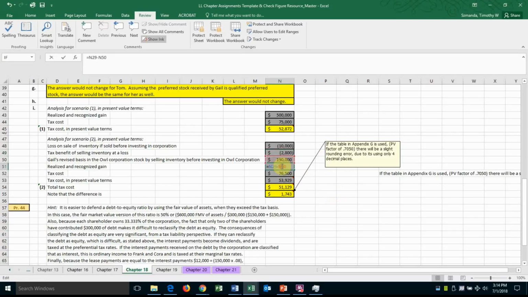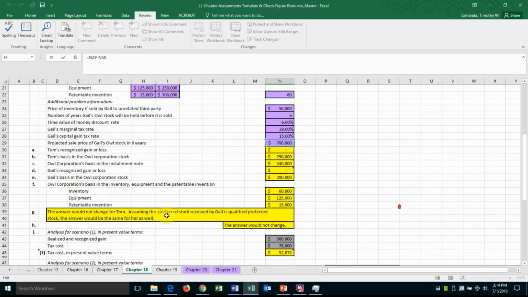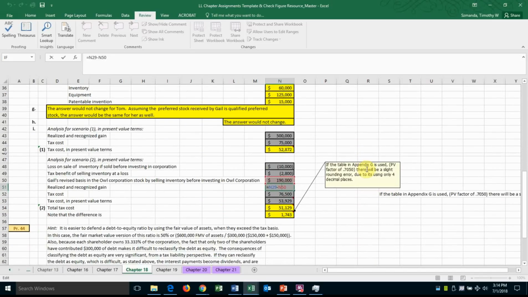So in this case, she has a realized and recognized gain or loss of her projected sale price of $700,000 minus this $190,000 basis.